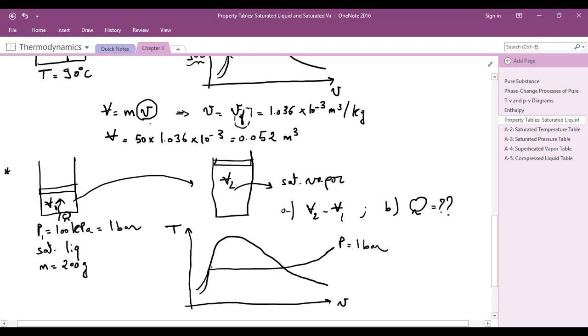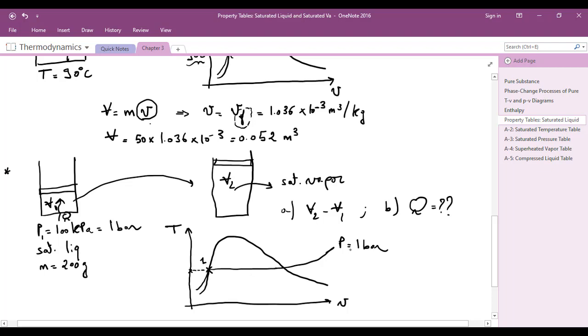And initially the water, this is state 1, is a saturated liquid. It should have a temperature that corresponds to the saturation temperature of 1 bar. So at this line here, we have the saturation temperature.